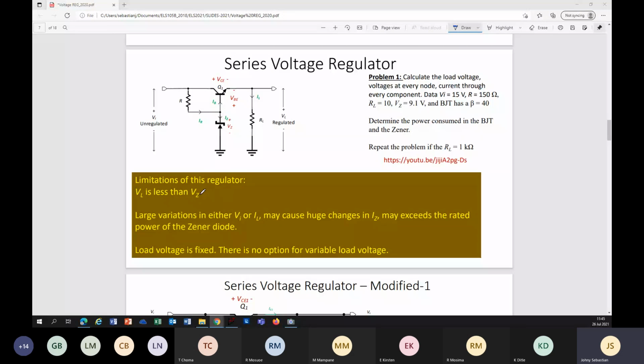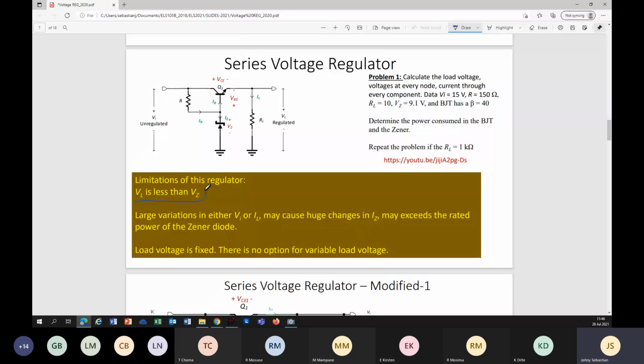Zener diodes, you can get the smallest 3.1 volt, then 3.3, 4.7, 5.6, 6.2, then the most common one is 9.1. So you cannot make a voltage regulator for a specific voltage, because in our case VL is always less than VZ. That is one of the limitations.